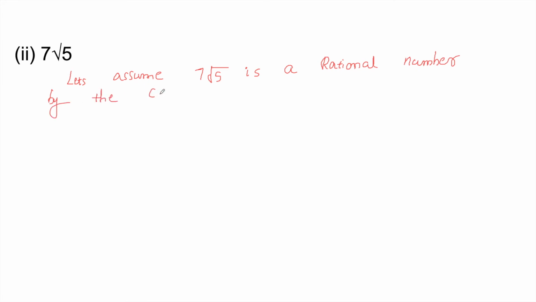Again, the next question, 7 root 5. Okay. So, first step, let's assume 7 root 5 is a rational number by the contradiction theorem.